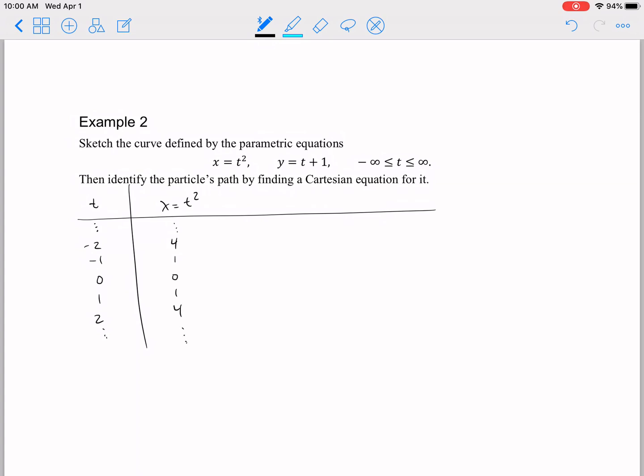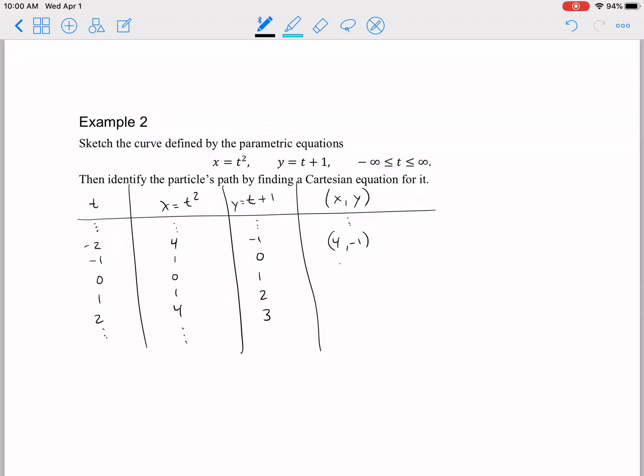And then continuing on. Y is equal to t plus 1. And here it's going to be, so on and so forth, -1, 0, 1, 2, 3. And then we can combine these together into our xy coordinates. And we're going to get a bunch of them, and we'll get 4, -1.